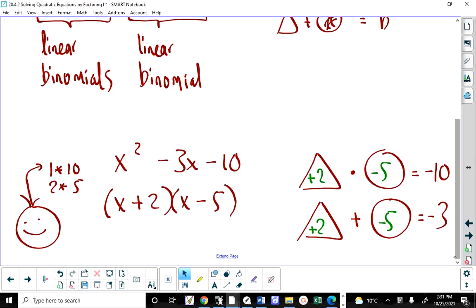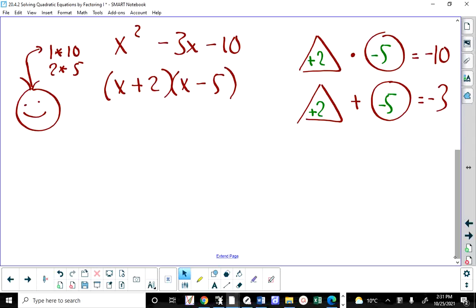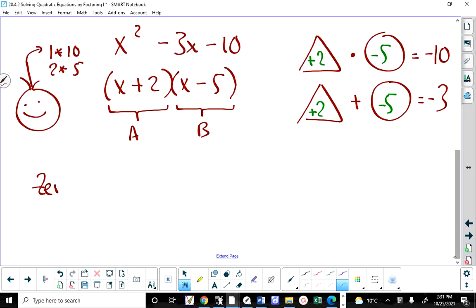We have to introduce something. You already know about this terminology, but it's going to seem a little different. I'm going to call this factor A and this factor B. The zero of A is the number for x. Listen very carefully. The zero of this factor is the number you would put in for x to make that factor 0.